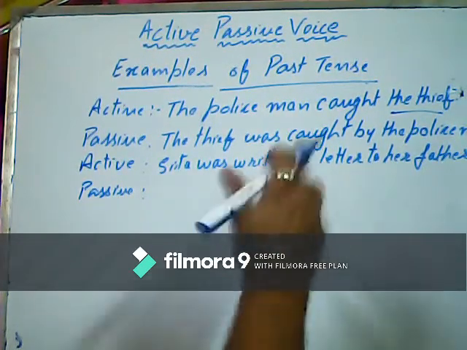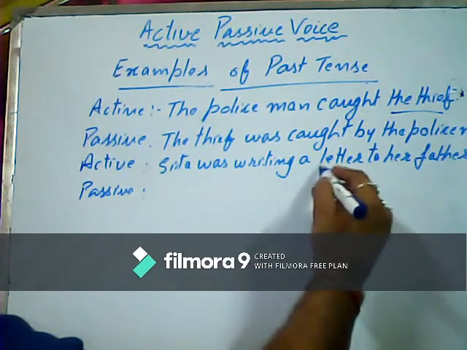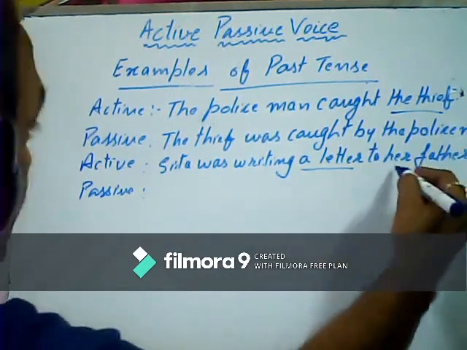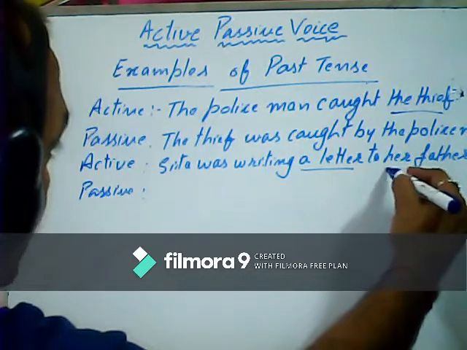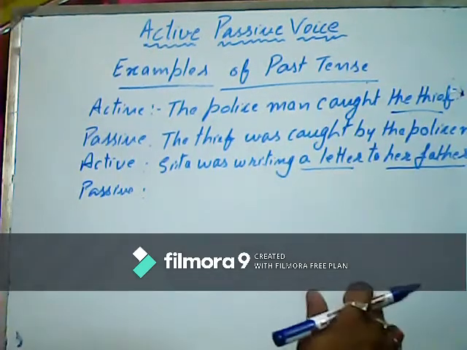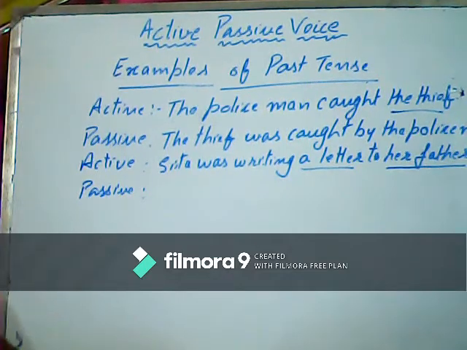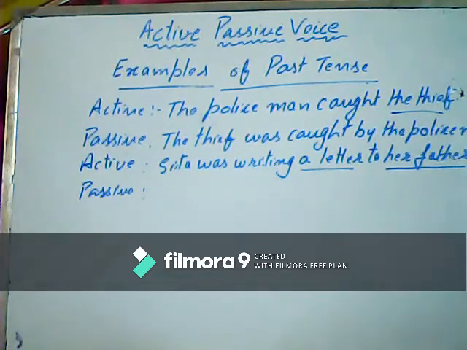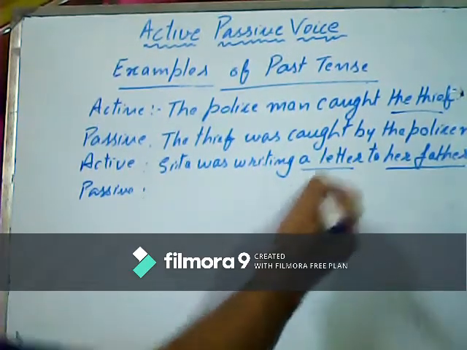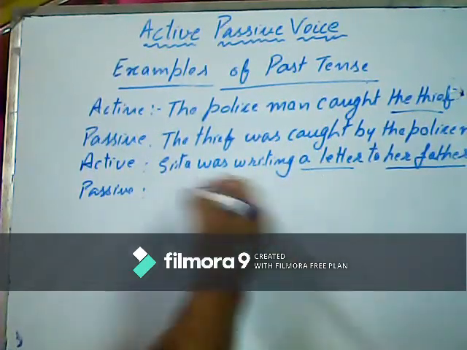Here there are two objects, a letter and to her father. Now we can take any of the objects, but the sentence should be sensible. So we'll take the first object, a letter.